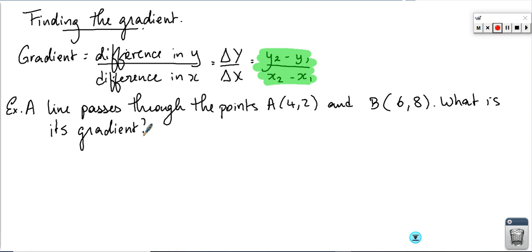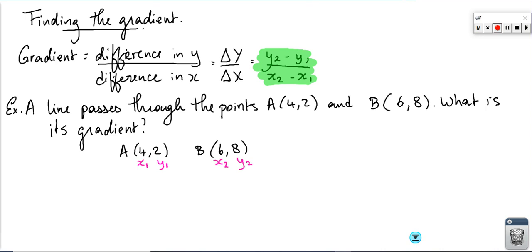Now, as we can see, we have two coordinates, A (4,2) and B (6,8). We are going to decide which one of them is number 1, which one of them is number 2. It will not matter. This is x, this is y. Those are coordinates. I'm going to say A is number 1, so I've written down 1, and B is number 2.